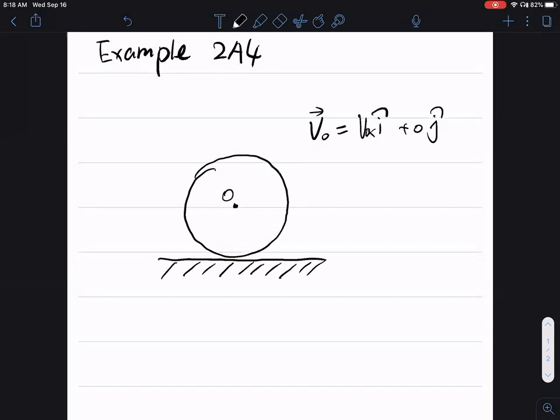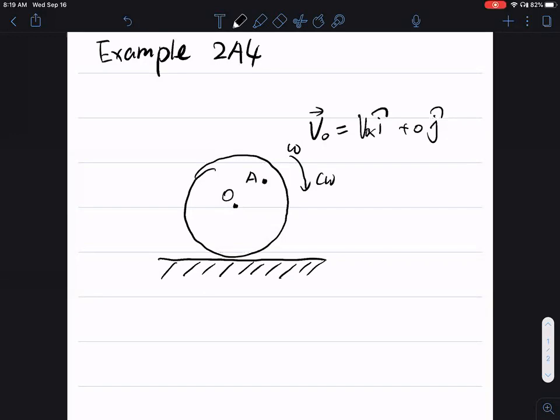For example, if this wheel is rolling counterclockwise with the angular speed omega, and let's look at point A right there. So it's a random point on the wheel. What's the direction of velocity for point A? To be honest, I don't know.